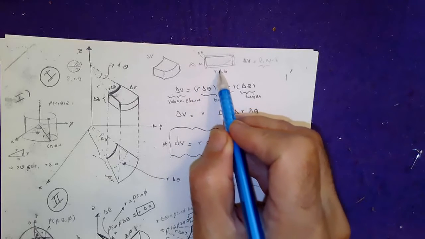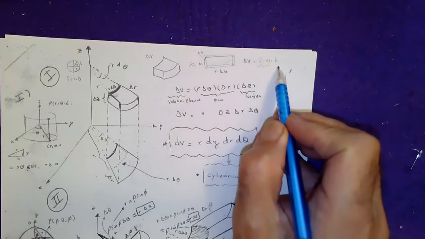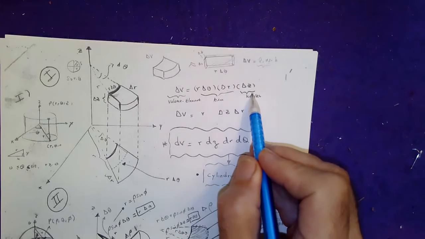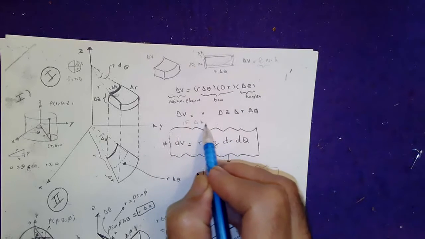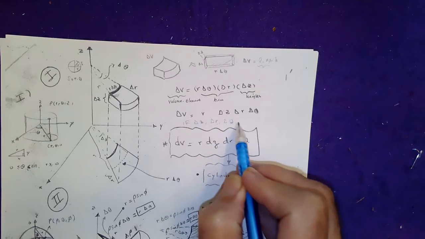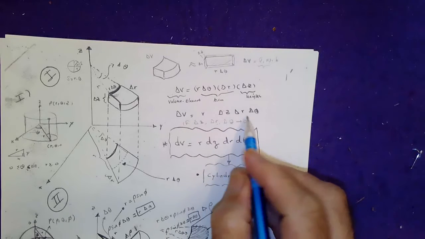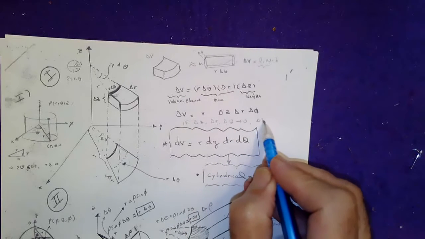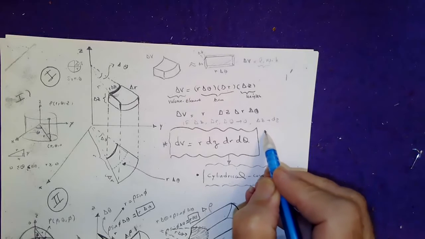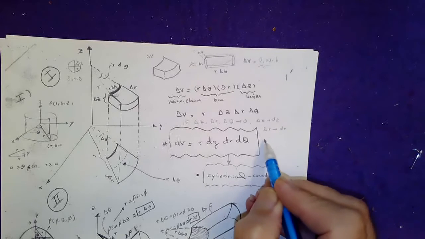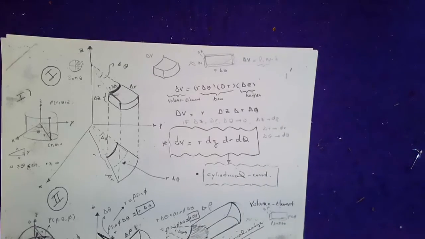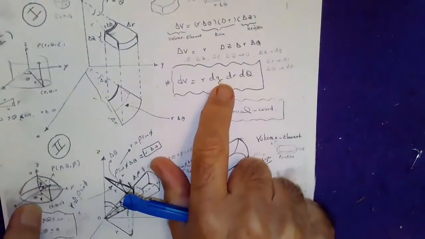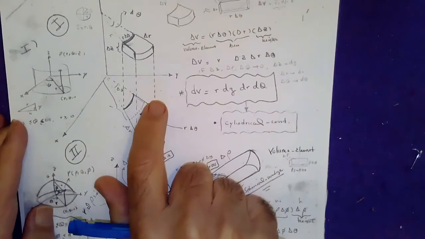So to find the volume, you multiply length by width by height. If delta z, delta r, and delta theta are small enough, delta z becomes dz, delta r becomes dr, and delta theta becomes d theta. That's basically where the volume element for cylindrical coordinates comes from for triple integrals.